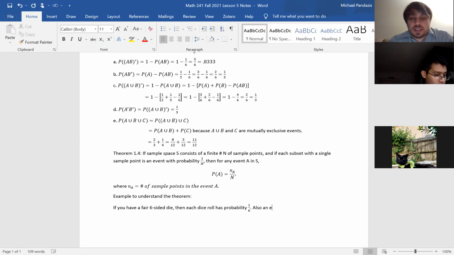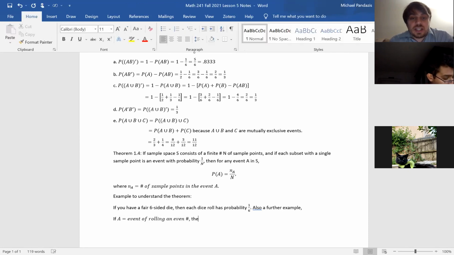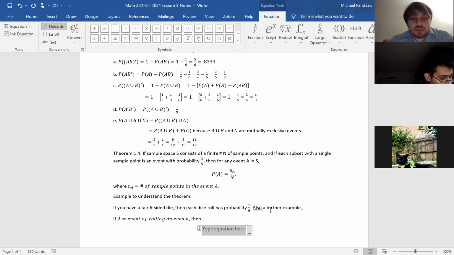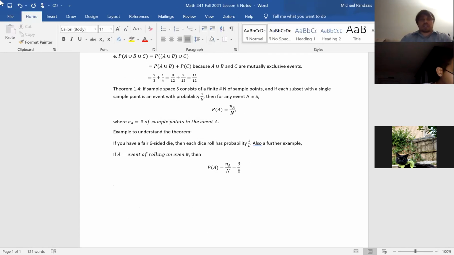Also, as a further example, if A is the event of rolling an even number, then the probability of the event A is equal to n sub A divided by capital N. And this is equal to, well, there are 3 evens divided by 6, the value of capital N. Okay, and you simplify that to 1/2.